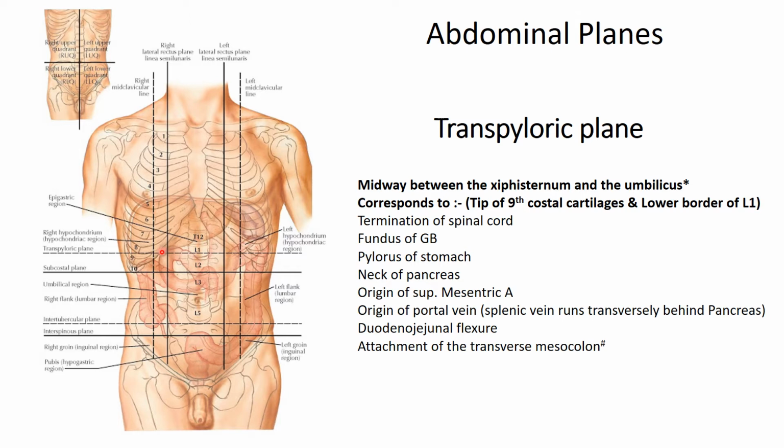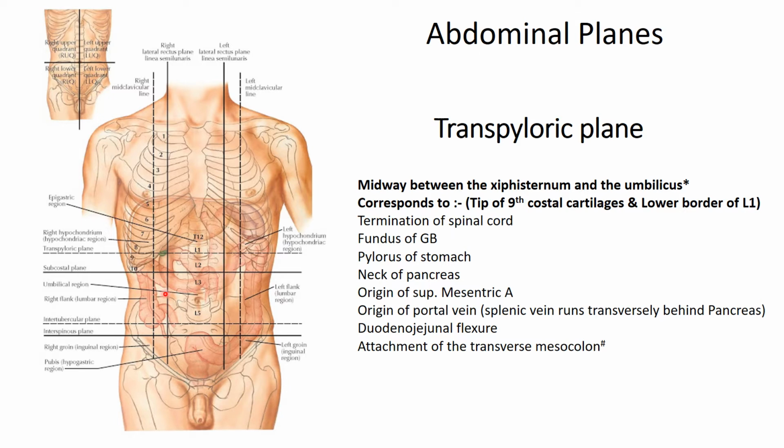Also, we may localize the fundus of the gallbladder, the pylorus of the stomach, the neck of the pancreas, the origin of the superior mesenteric artery, as well as the origin of the portal vein formed by the splenic vein and the superior mesenteric vein.